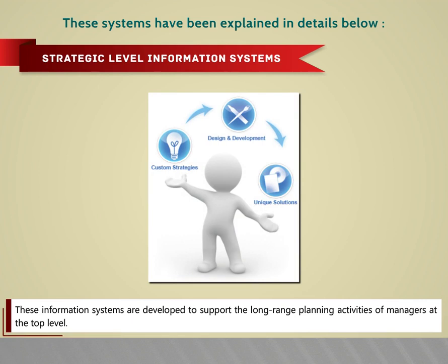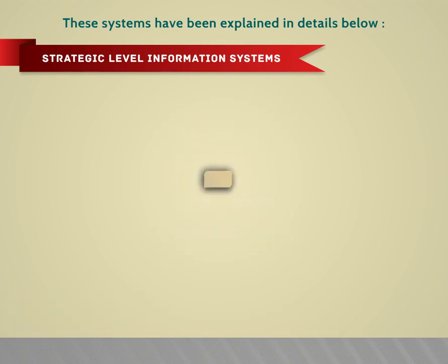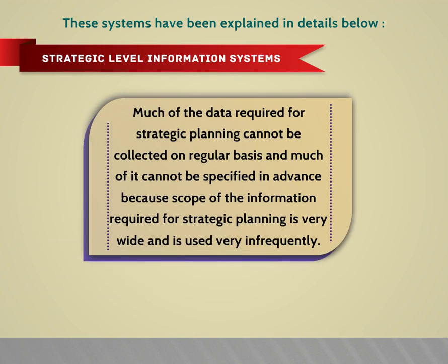These information systems are developed to support the long-range planning activities of managers at the top level. Much of the data required for strategic planning cannot be collected on a regular basis, and much of it cannot be specified in advance because the scope of the information required for strategic planning is very wide and is used very infrequently.